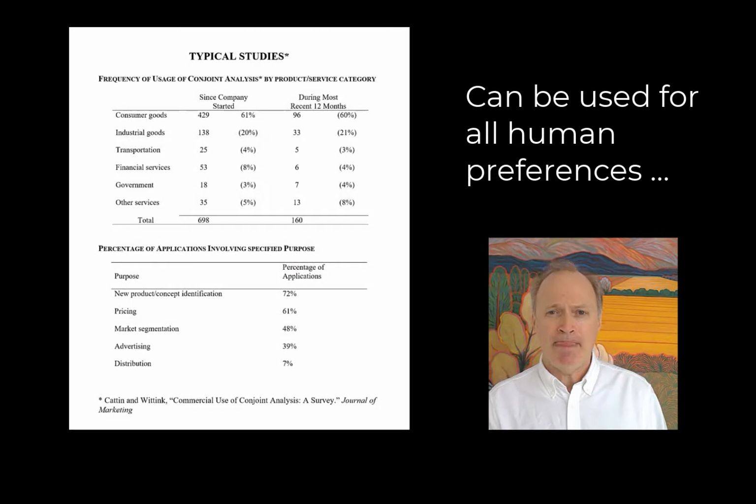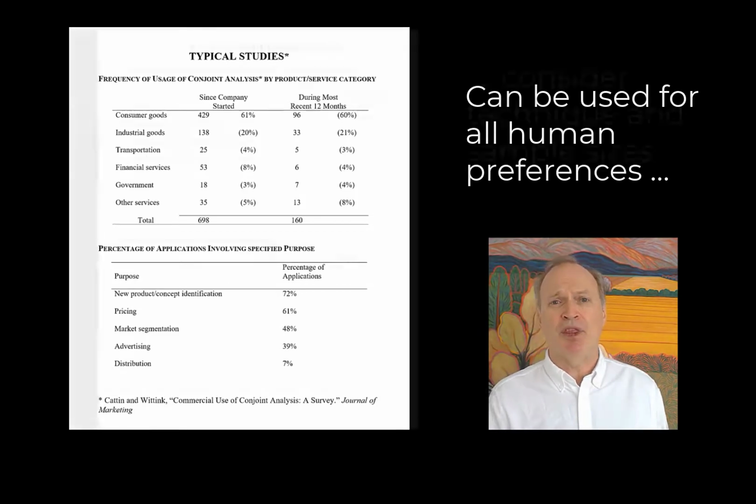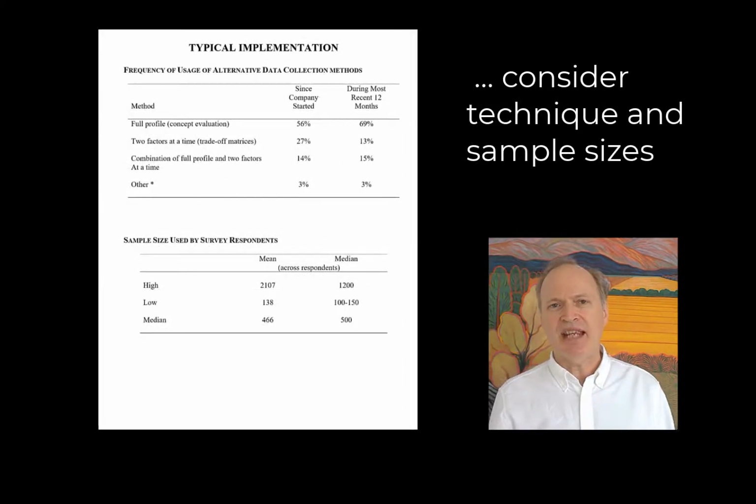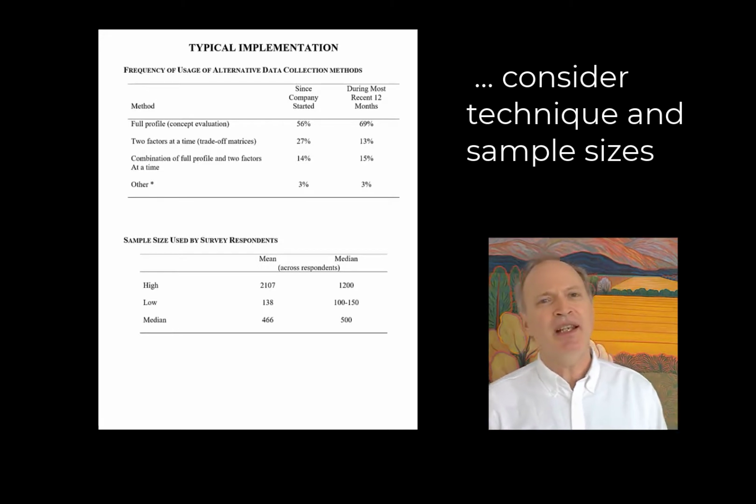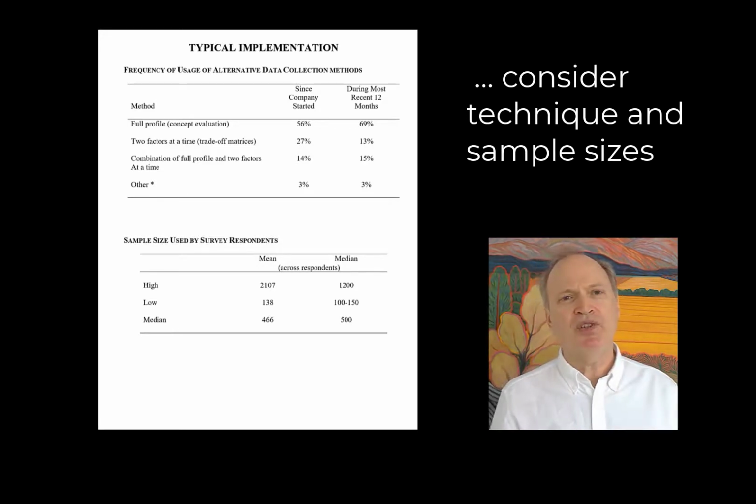In addition to that, you can see that conjoint has been used across a number of different industries, and it's used for a number of different things like pricing, segmentation, new product design, distribution, etc. How do we actually get the attributes and the levels in a conjoint study? Well, often we use experts, we use interviews of individuals or groups to get those attributes.